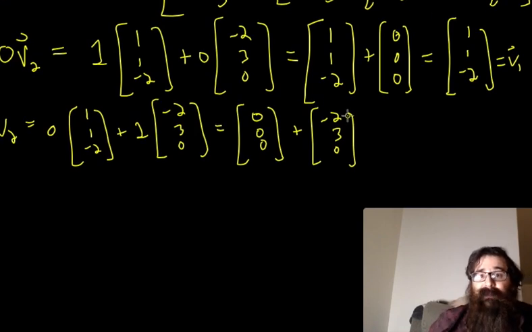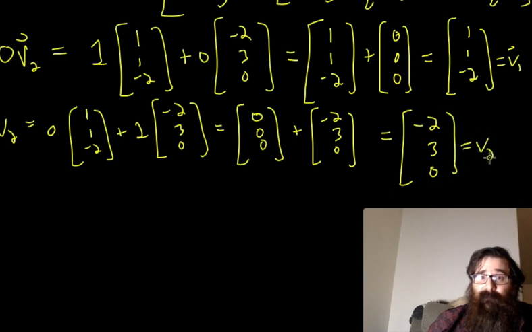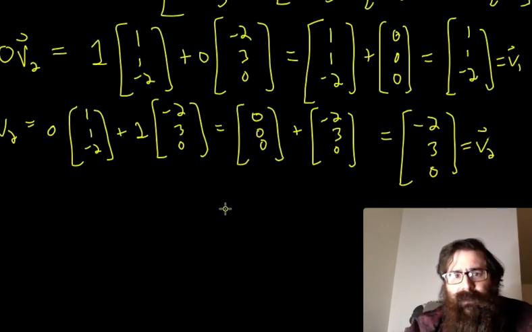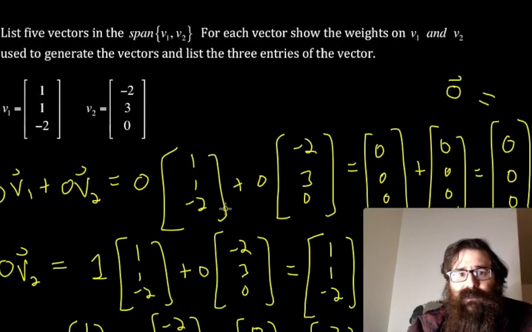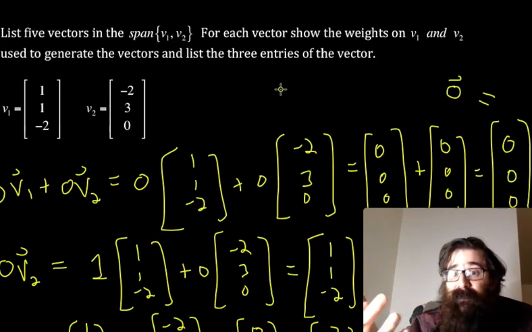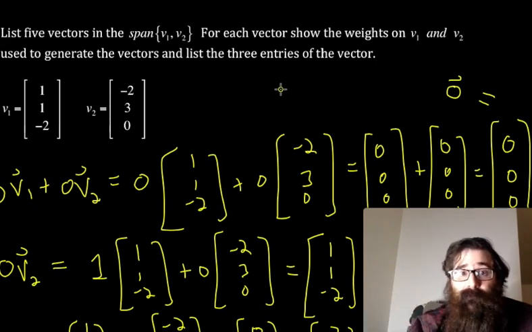I can add these entries together, so this gives me the vector with entries negative 2, 3, 0, gives me vector v2. So these are the easy ones, I think, to pick out first. In the span of v1 and v2, we get the 0 vector. We also can generate vector v1 by itself, and then generate vector v2 by itself.